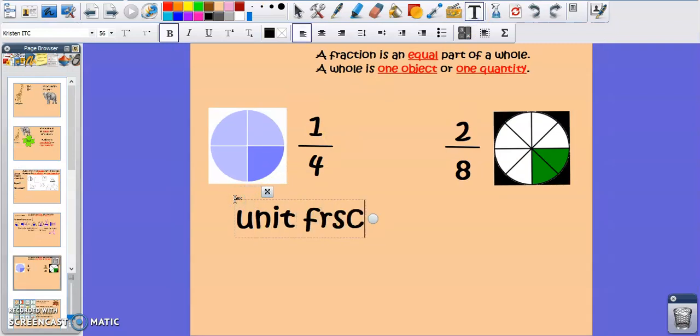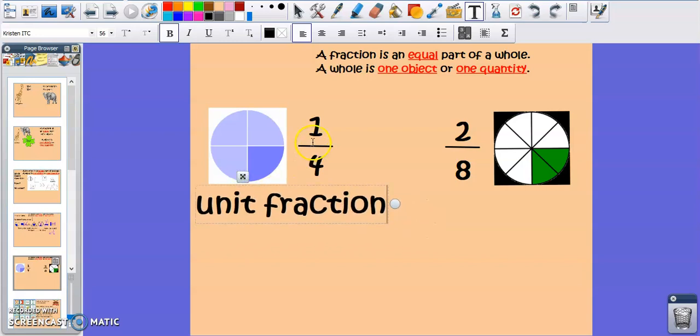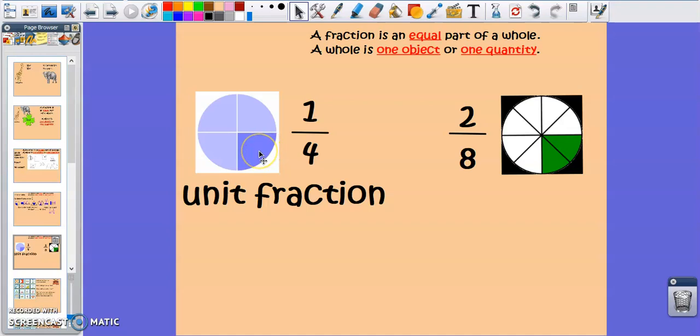This sort of fraction is called a unit fraction. Okay, a unit fraction is a fraction which has got 1 as its numerator. Okay, there's only 1 part that we actually have of the fraction. Whereas over here, I've got the fraction 2/8. So this fraction is not a unit fraction.